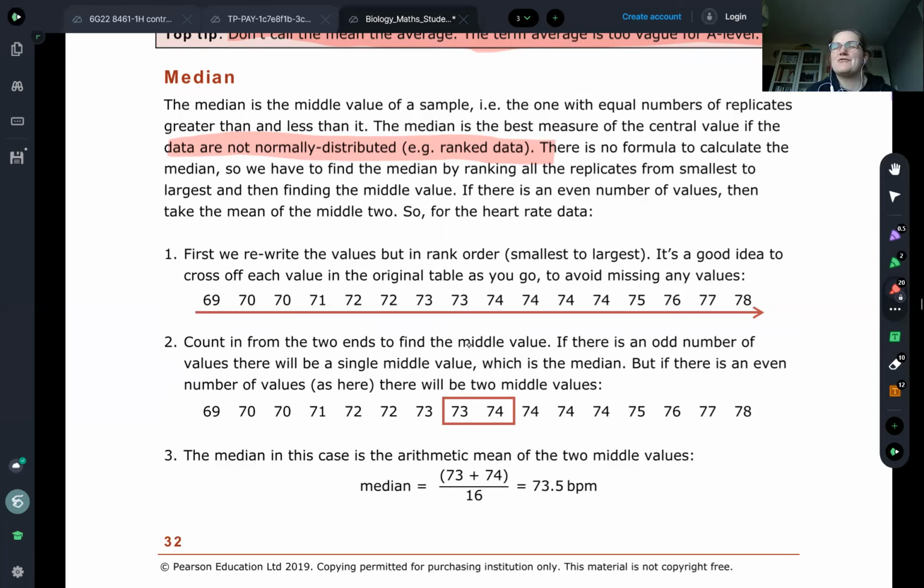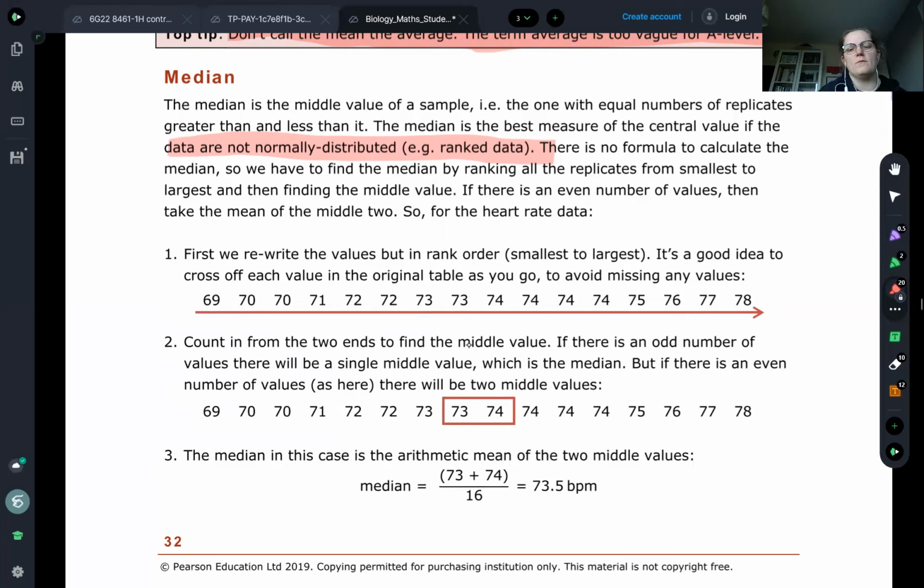Anything you can rank, maybe who comes first, second, third, that sort of thing. You then want to find that middle value, so you are literally finding the middle replicate for the median.